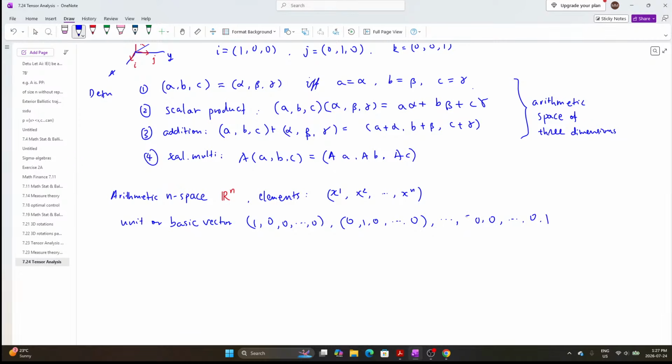All right, so this is the standard basis vector, and our notation throughout the rest of the text is going to be Vn. Then it says, by a space of n dimensions, we mean any set of objects which can be put in one-to-one reciprocal correspondence with the arithmetic n space.